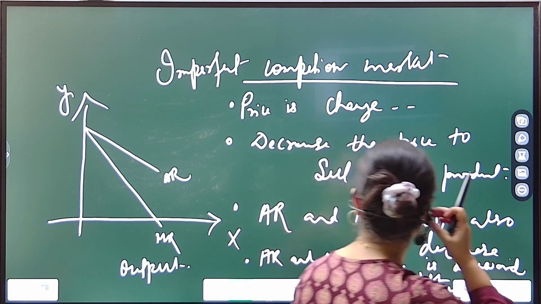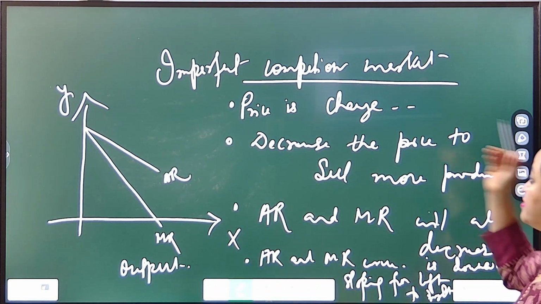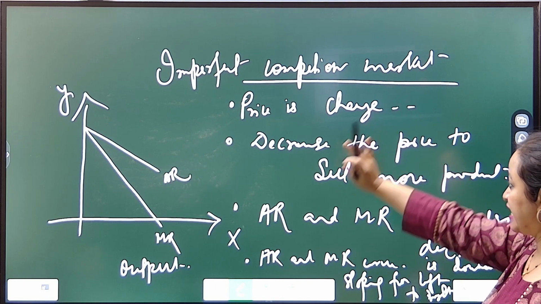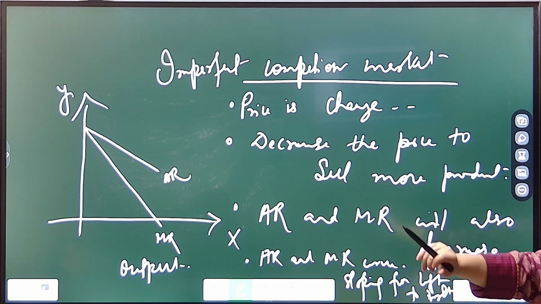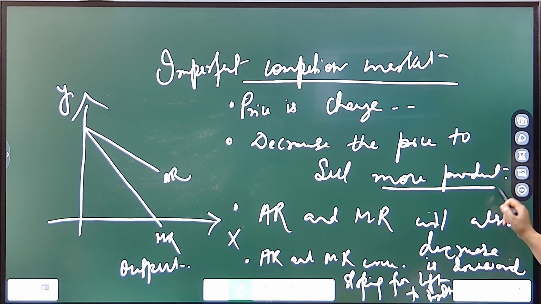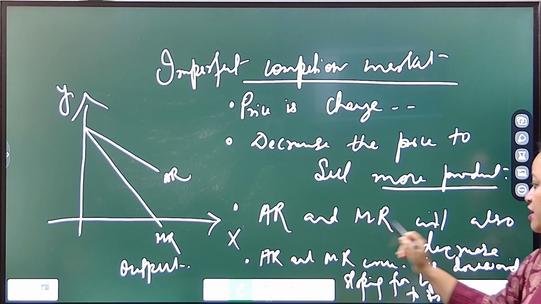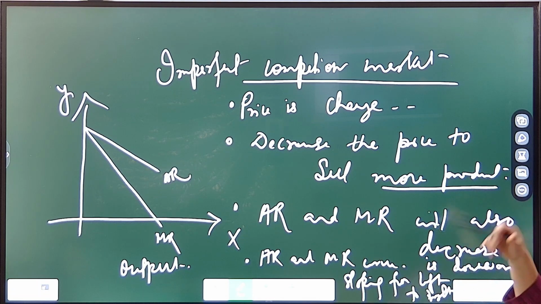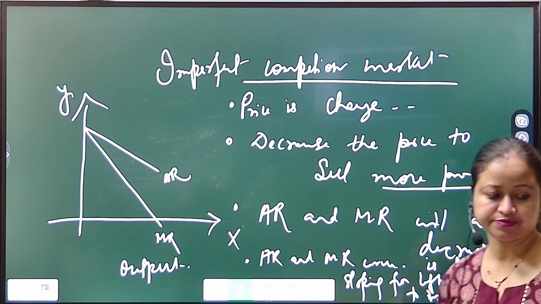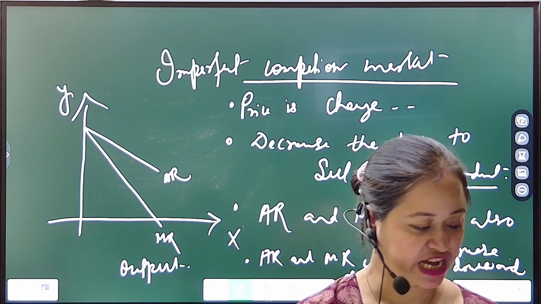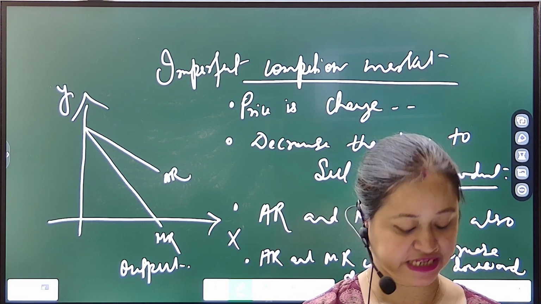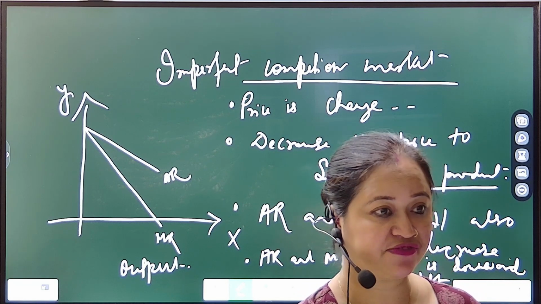So in an imperfect competition market, as the price changes, and when the price is decreased by the seller to sell more units, the AR and MR also decrease. So that's why the AR and MR curve is downward sloping from left to right. And the MR curve is below the AR curve. Yes, sir? So MR can become negative.